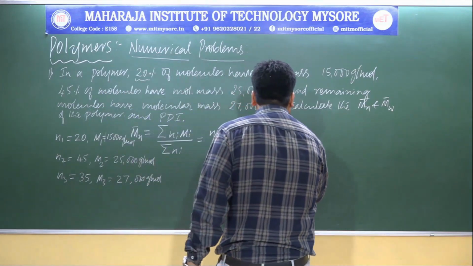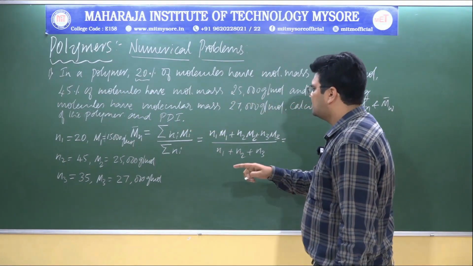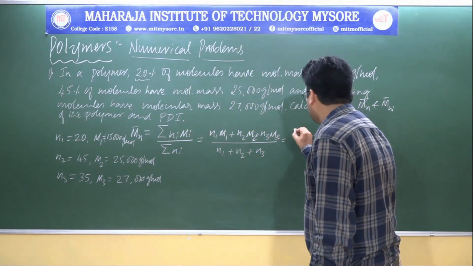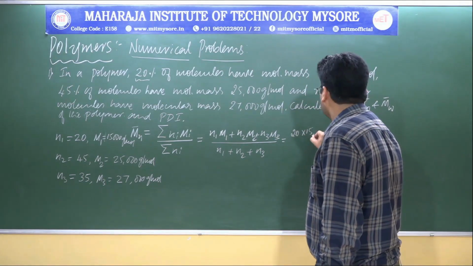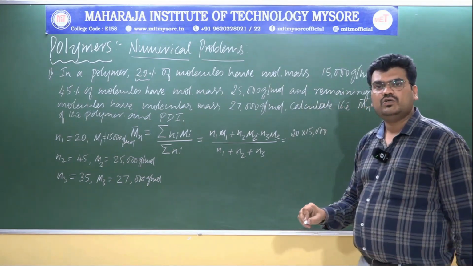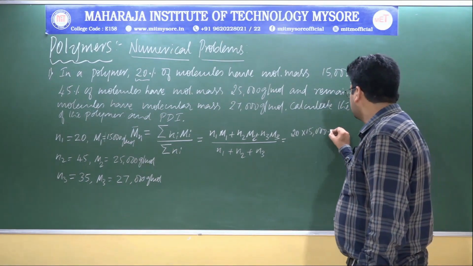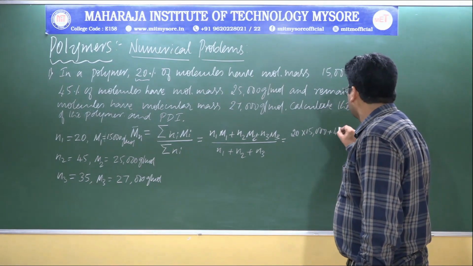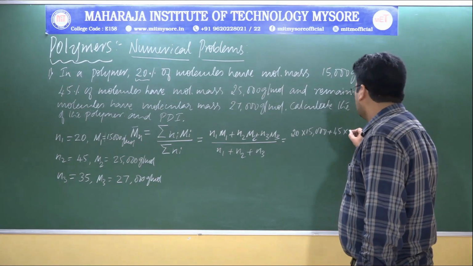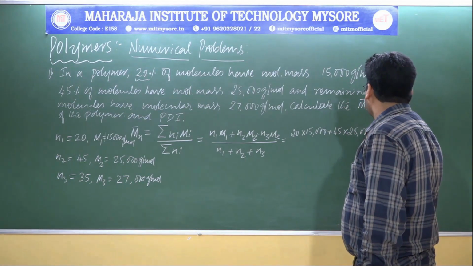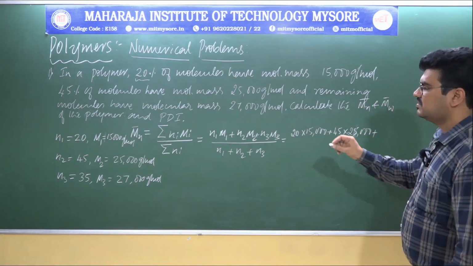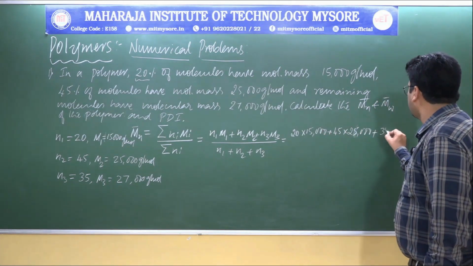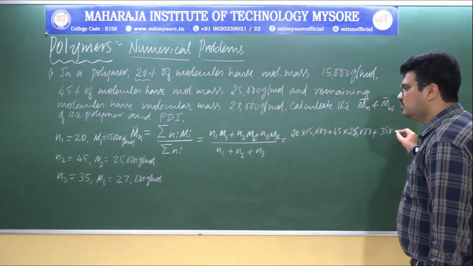So if you substitute the value of N1 here, that is 20, then 20 into 15,000 plus 45 into 25,000 plus 35 into 27,000.